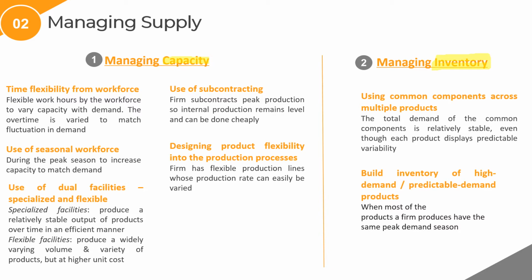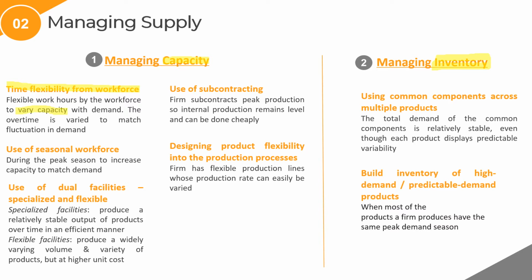Firms use a combination of the following 5 approaches to reduce the cost of capacity required to meet their predictable variability of demand. The first one is by giving time flexibility from the workforce. Flexible work hours can be used to vary capacity with demand.